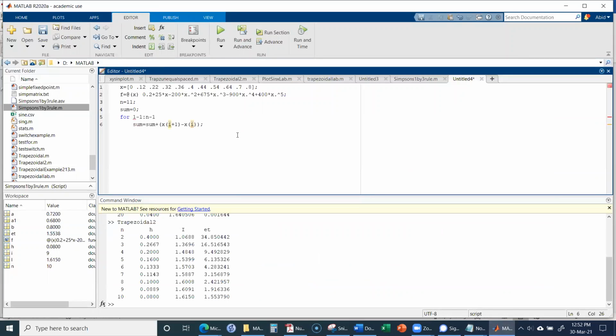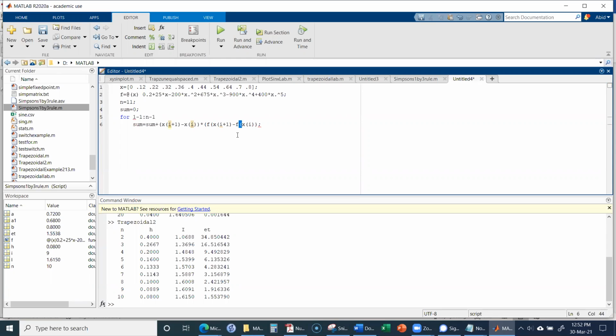So this will be multiplied by f of x of i plus 1 minus f of x of i.